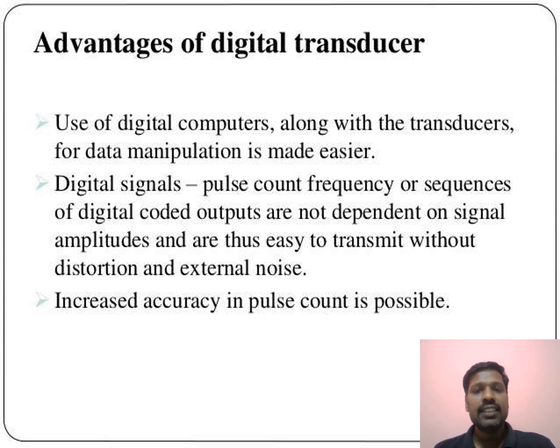Digital signals, pulse count, frequency, or sequences of digital coded outputs are not dependent on signal amplitudes and are thus easy to transmit without distortion and external noise. Increased accuracy in pulse count is possible.